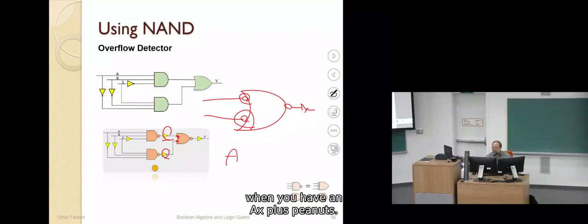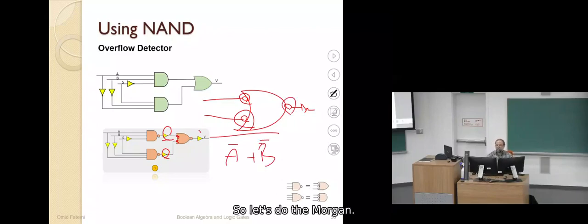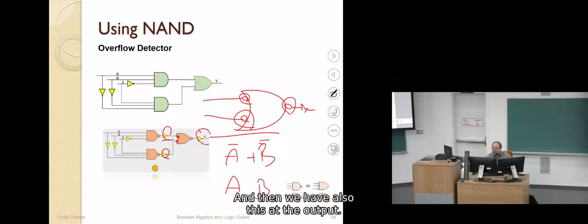When you have A naught plus B naught, and they are knotted all at the, because the knot is here. So let's do De Morgan. De Morgan says you use A and B, and then that's it. And then we have also this at the output.